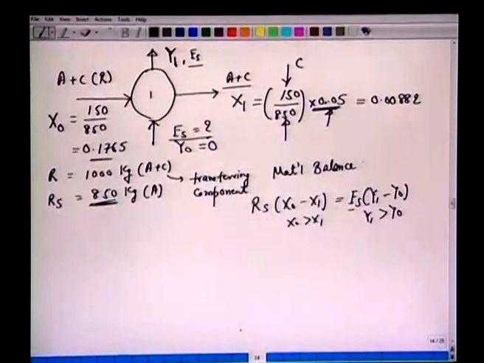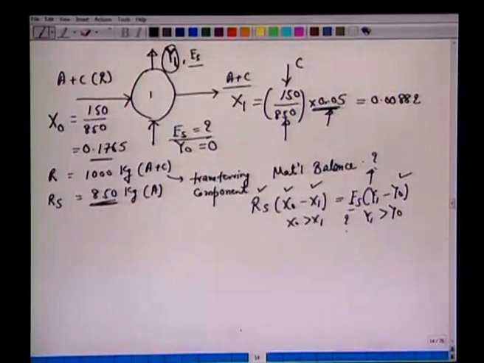So, of course, a very simple problem, everything is given here. RS is known, x0 is given, x1 is given, Y0 is 0, and we have ES; the question is how much amount of ES is required. So, this ES is unknown, and Y1, the mole fraction of the exit concentration, is also unknown.